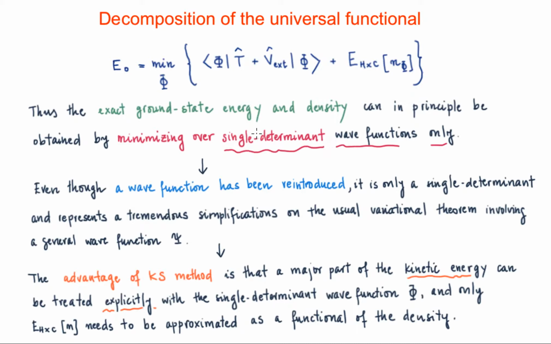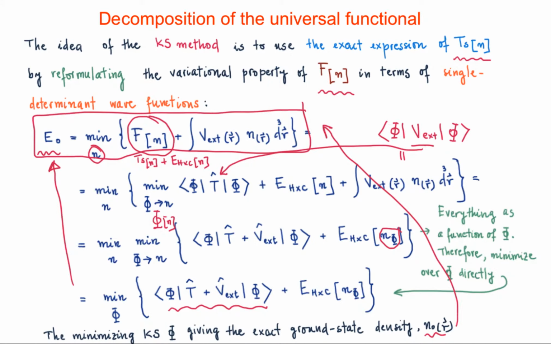What we are getting is that it seems we are going back. Before, we had a functional of the density, which was a simple function to deal with, and we just needed to do the minimization with respect to the electronic density in order to have the ground state properties.